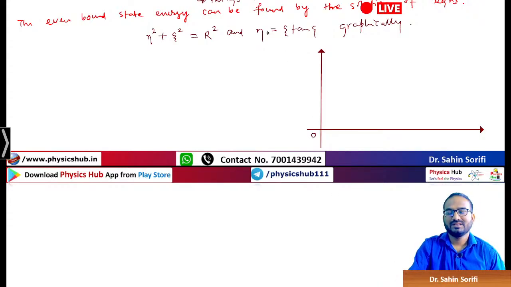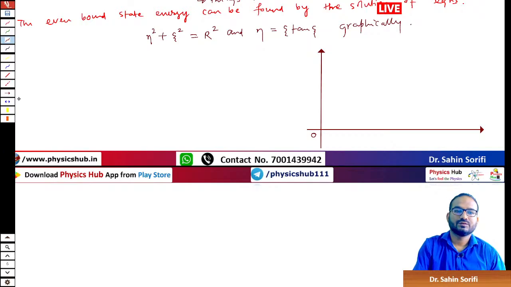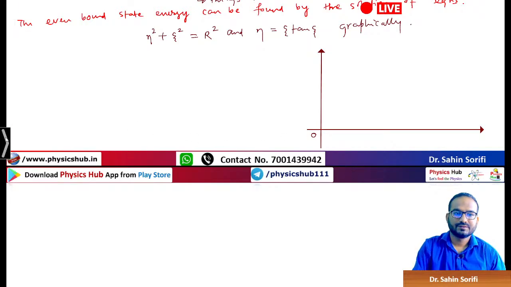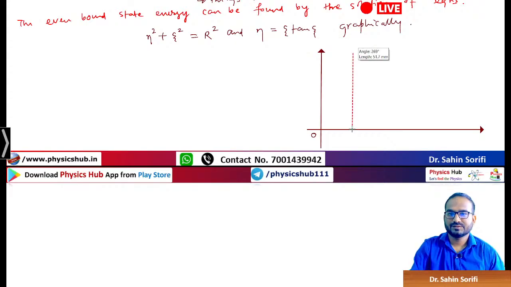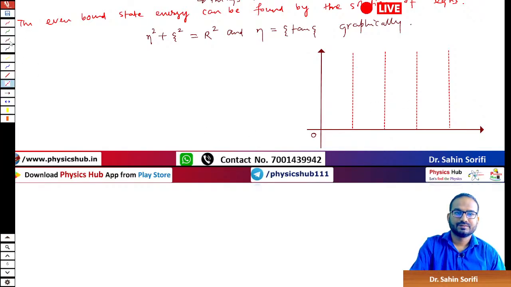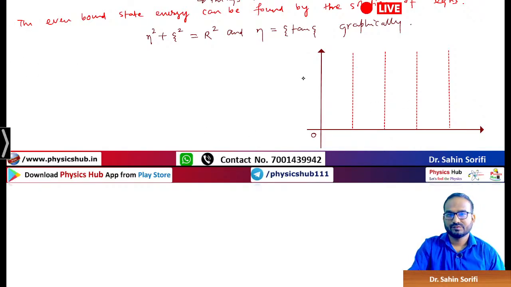So first of all, we will plot eta is equal to xi tan xi. The values may be considered at pi by 2, pi, 3 pi by 2, 2 pi, and so on. So we are plotting eta along the y axis and xi along the x axis.